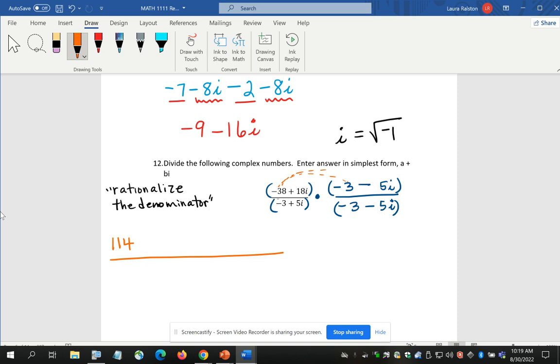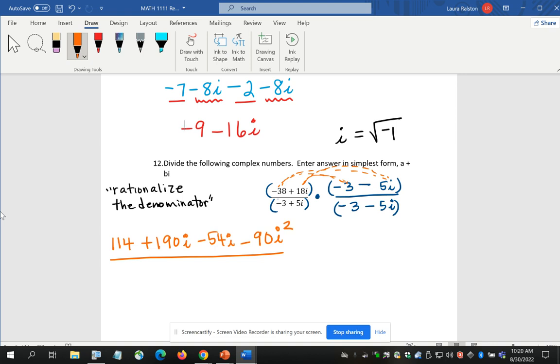Then we do negative 38 times negative 5i, which gives me plus, negative times a negative is a plus, 190i. 18i times minus 3 is minus 54i. 18i times 5i gives me positive times a negative is a negative 90i squared.